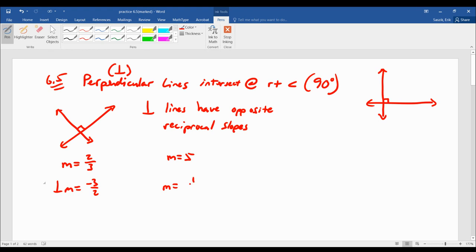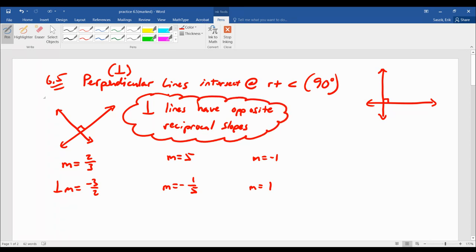So if we flip it, we get 1/5, but we got to make it negative. If I had a slope of -1, this one's a little bit weird. Remember, this is really -1/1. If I flip 1/1, I still get 1/1. But I change the sign, and the sign, of course, would be positive. So this is the main thing that you have to get. Perpendicular lines have opposite reciprocal slopes.